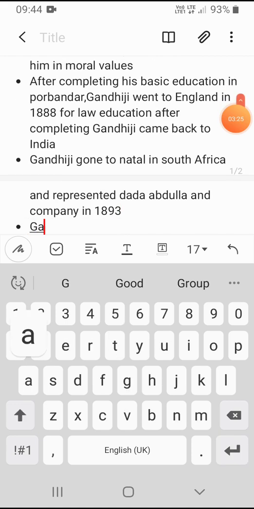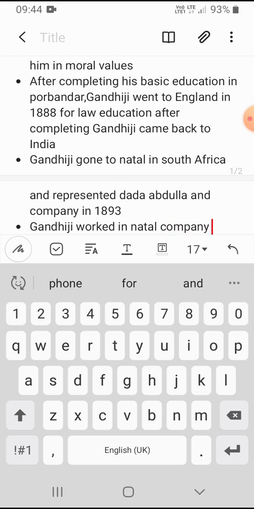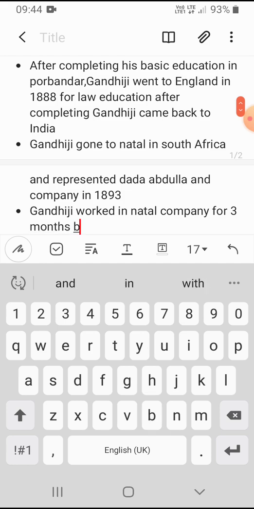He worked in the Natal company for 3 months, but he lived in South Africa.